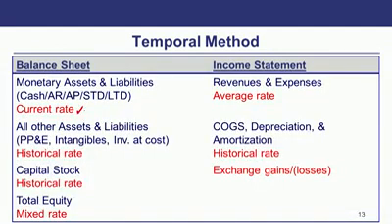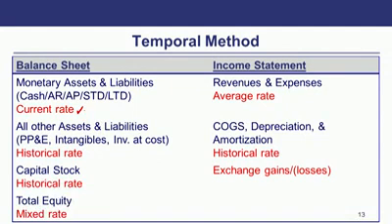Now when you have a monetary asset or liability, we're going to use the current rate, the closing exchange rate, because we're going to argue that these cash flows are affected by exchange rates. If the exchange rate suddenly weakens or strengthens, that is affecting the amount of cash essentially that we're paying or receiving from our suppliers.